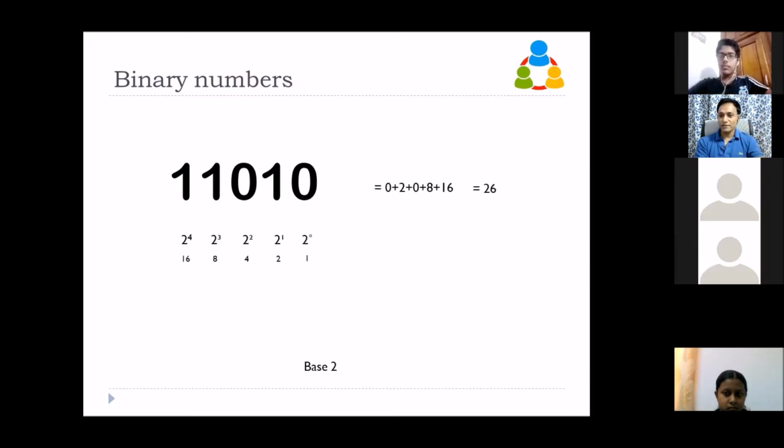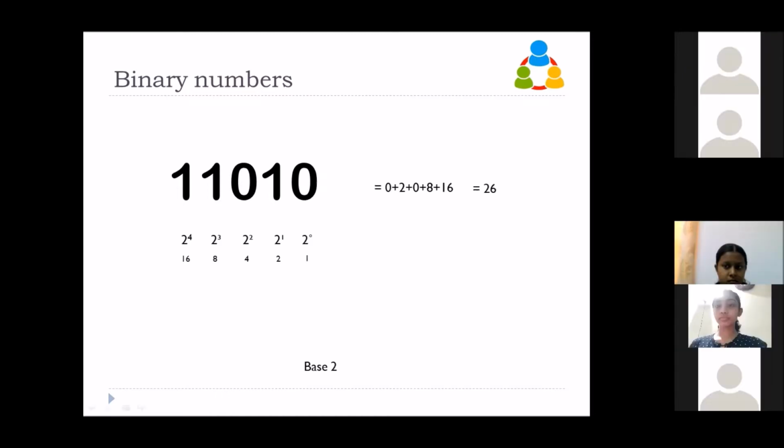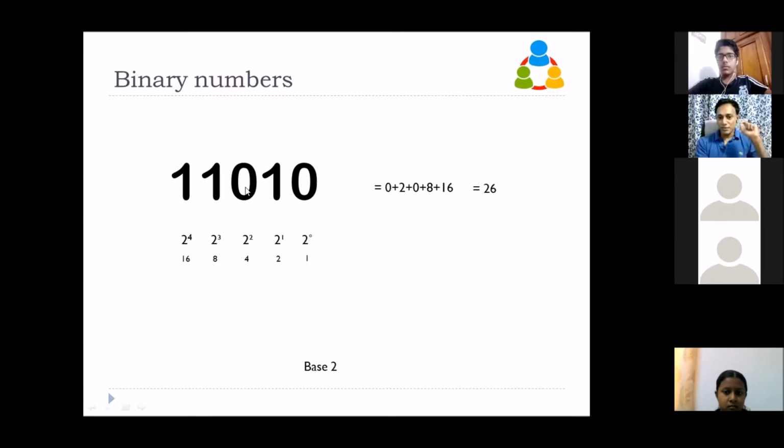Do all of you get it? With 3 digits, what is the biggest number you can represent? 7. Are you sure, Vinayak? If it is 3 digits, the best is 111. 4 plus 2 plus 1. 4 plus 2, 6, plus 1, 7.